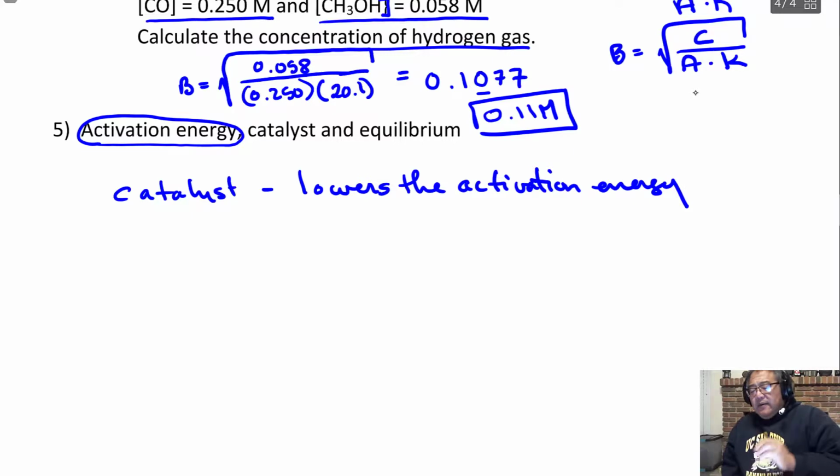And so you can make a reaction go faster by increasing the temperature, which doesn't affect the activation energy, or you can find a catalyst which does affect the activation energy. And because the activation energy is lower, there's less of a threshold needed to break the bonds, and so the reaction's going to go faster.